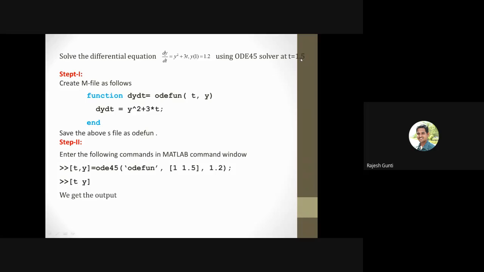I want to solve the differential equation at t is equal to 1.5, from 1 to 1.5. What is the initial value? 1.2. If you enter this command in the command window, you will get the output.